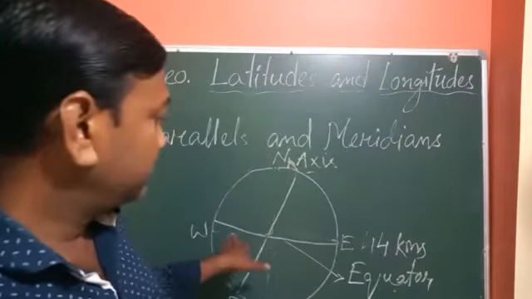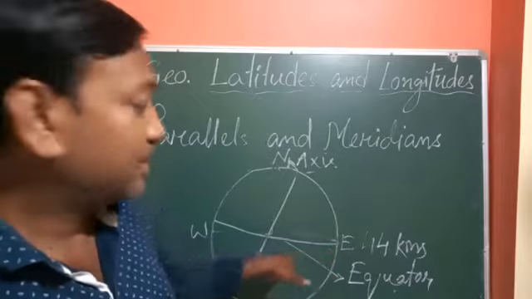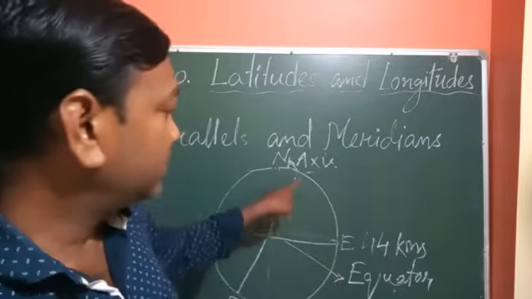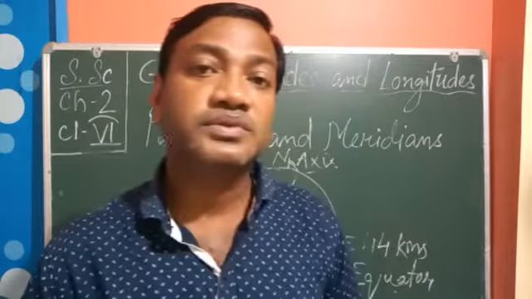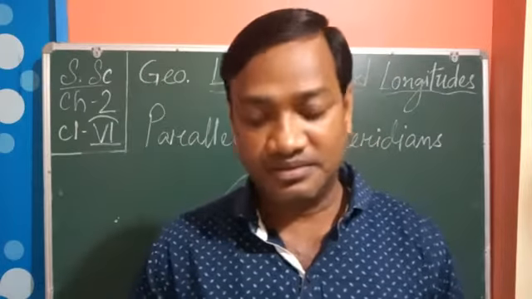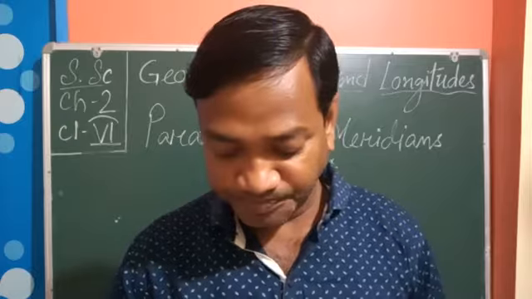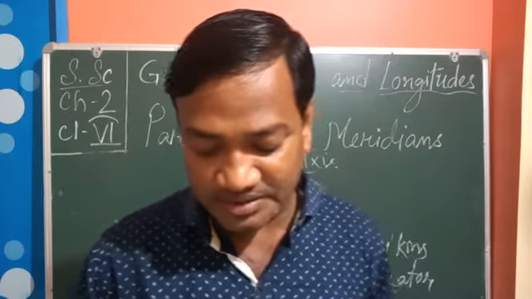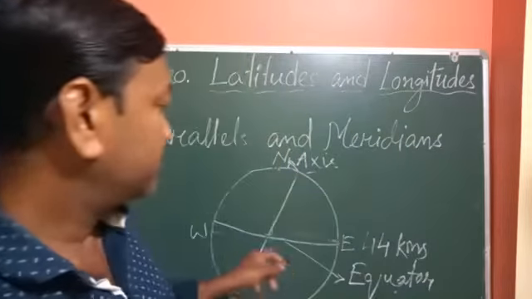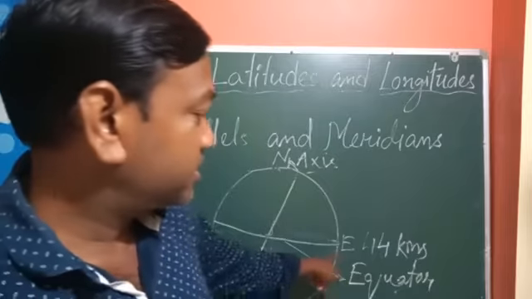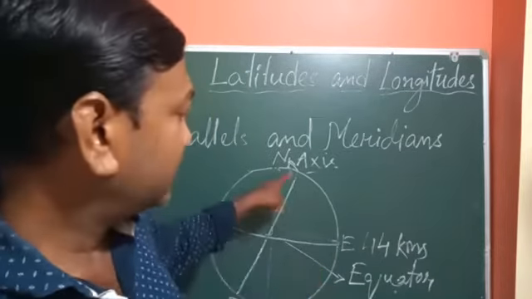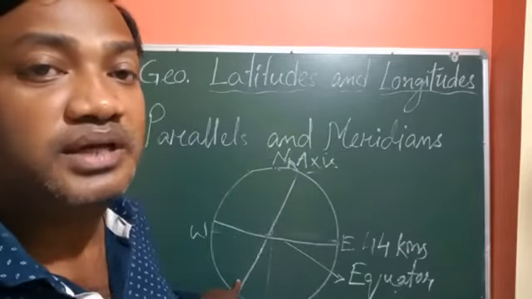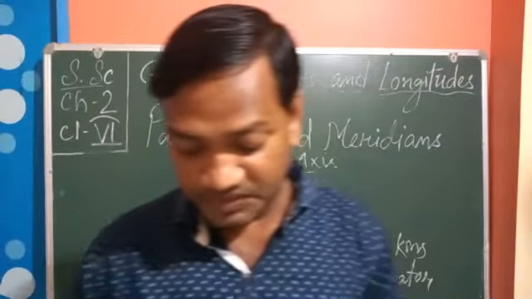This is one kind of circle, and here we find another kind of circle. So two kinds of circles are there on the globe. On one side the circles run from west to east, and north to south we find another kind of circle.